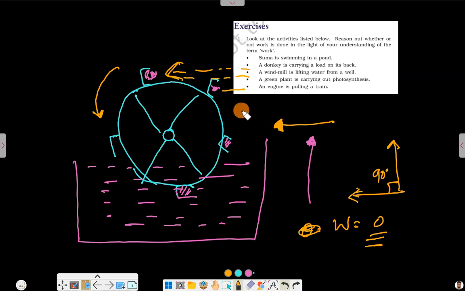It's only technically 0 because we are transforming the force here. With the help of this circular structure, we are transforming the force into rotational force. So there will be work, but that will be another type of work due to torque. If you just consider this simple phenomenon, that force is acting in this direction and displacement is in this, there is no work.